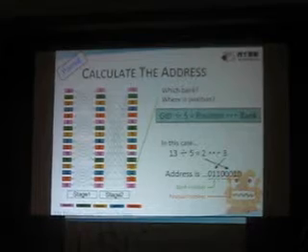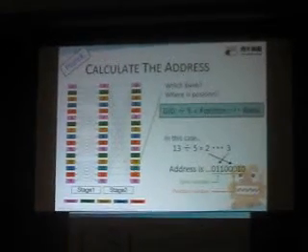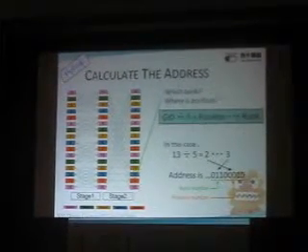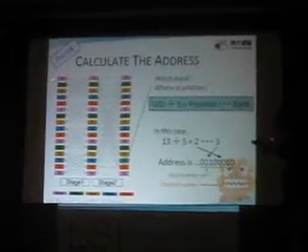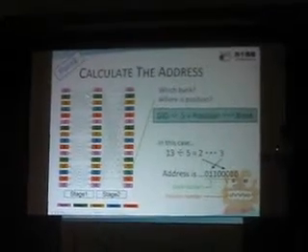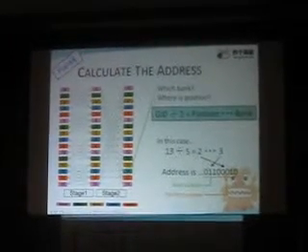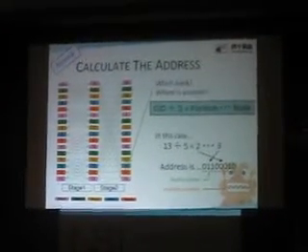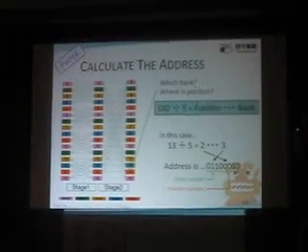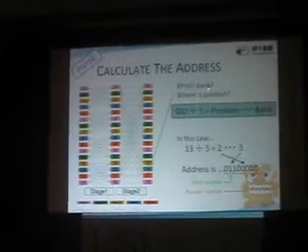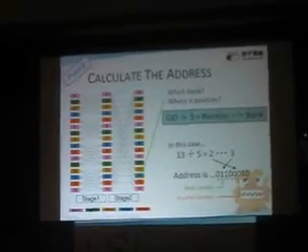This figure shows a signal flow diagram of a 16 point FFT using radix. These numbers are GID. Okay, let me explain how we calculate the address.